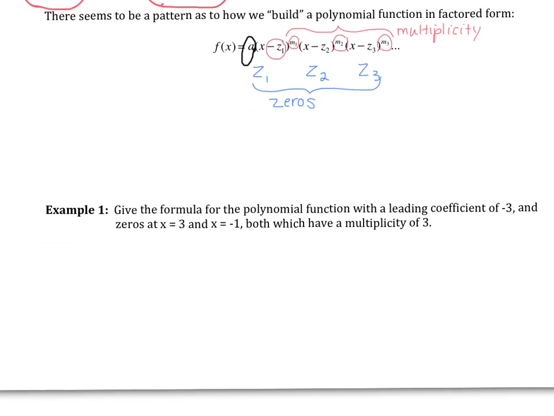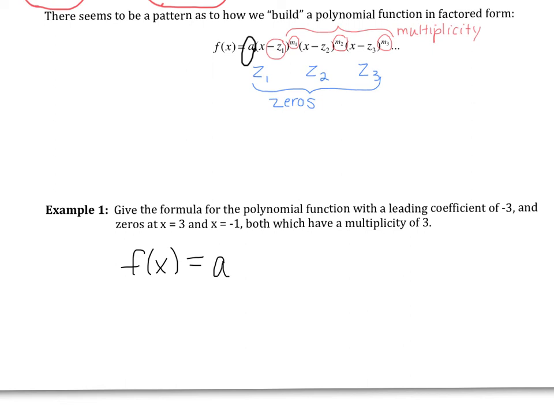So if we take a look at this first example here, it says give the formula for the polynomial function with a leading coefficient of -3 and zeros at 3 and -1, and both of them have a multiplicity of 3. So I have just 2 zeros. I'm pretty sure polynomial f is going to look like this.